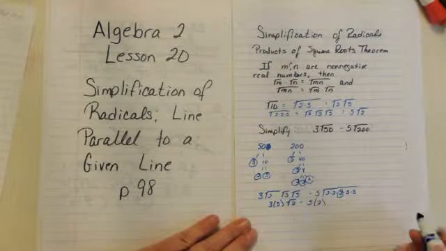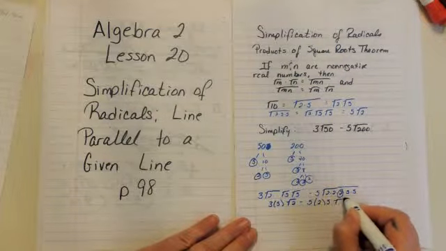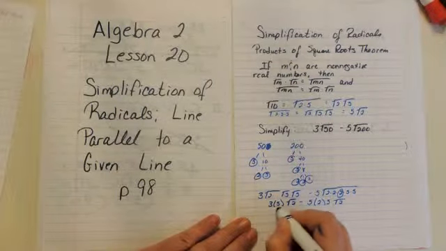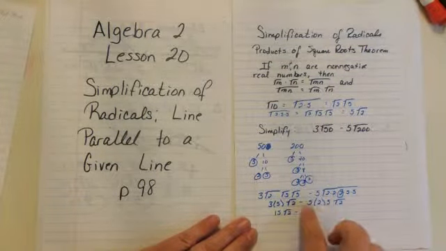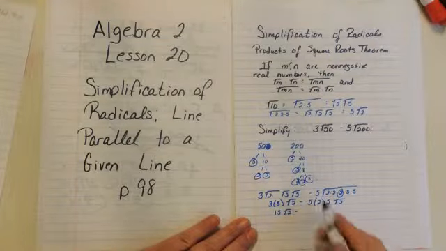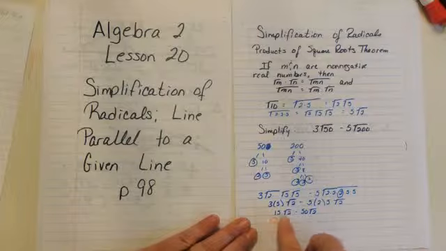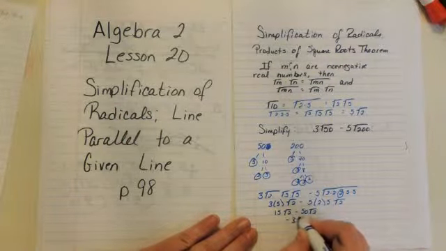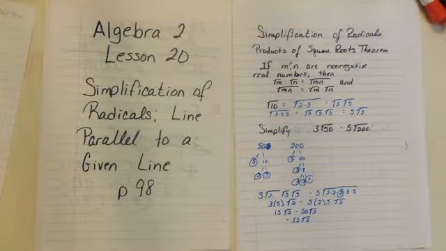And then the square root of 5 times the square root of 5 is 5 times the square root of 2 that got left there. Okay, so now we can simplify this. 3 times 5 is 15 times the square root of 2 minus 5 times 2 is 10 times 5 is 50 times the square root of 2. 15 times the square root of 2 minus 50 times the square root of 2 is negative 35 times the square root of 2. Okay?